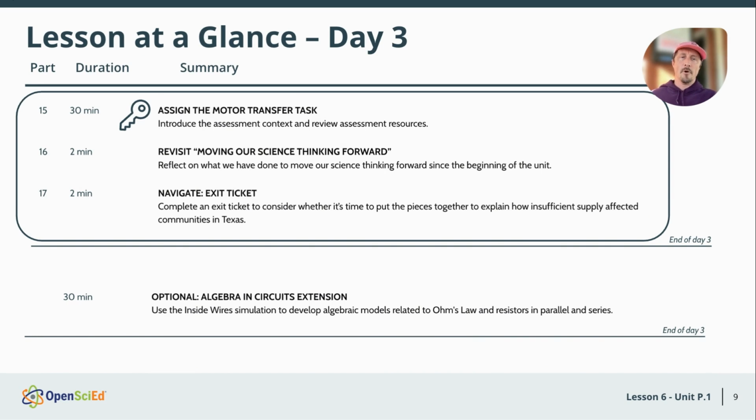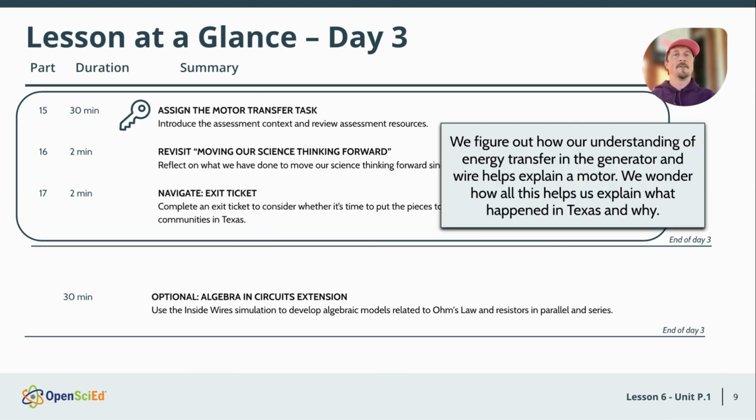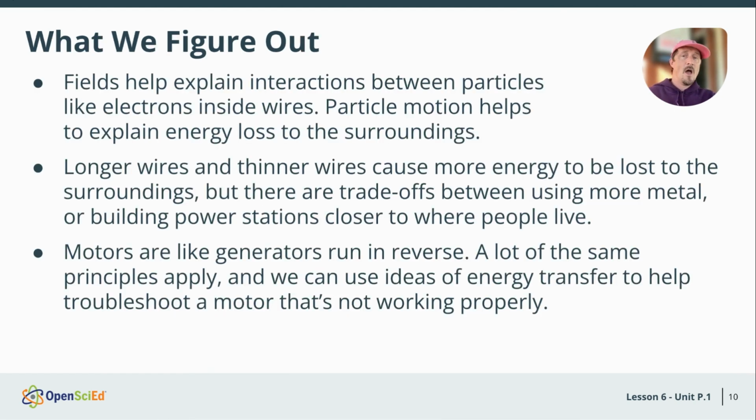Then finally, the motors transfer task is an opportunity to transfer our understanding of generators and wires to a slightly different context. So we figure out that our understanding of energy transfer in the generator helps us understand what's happening in a motor, that a motor is basically a generator run in reverse.